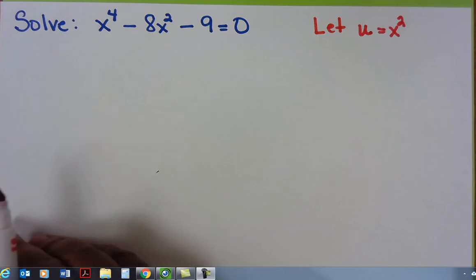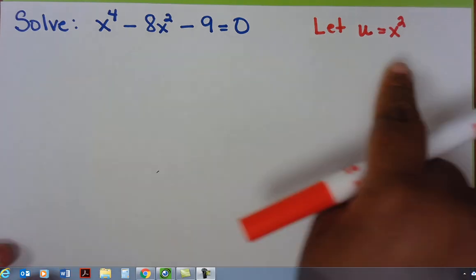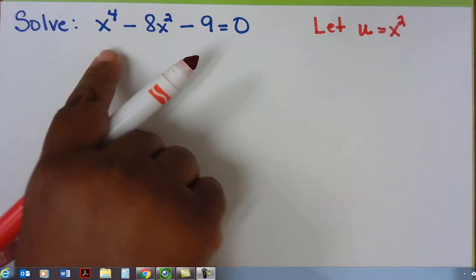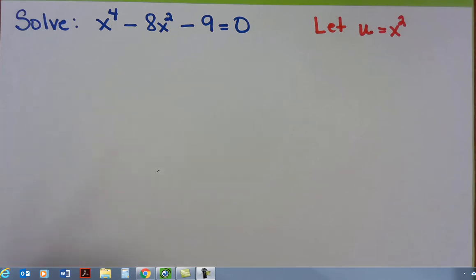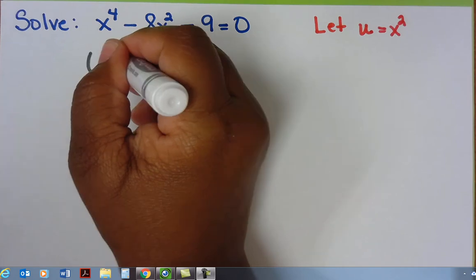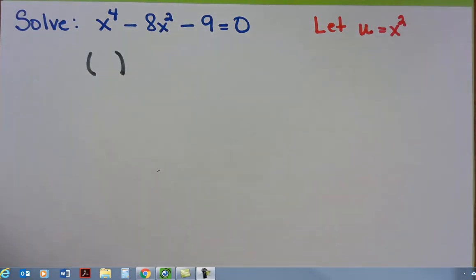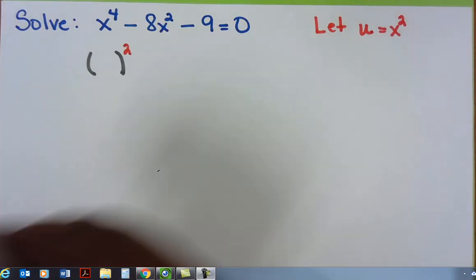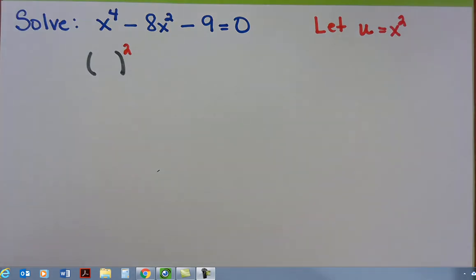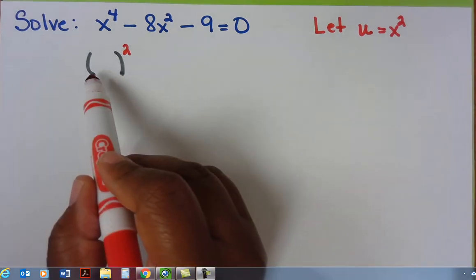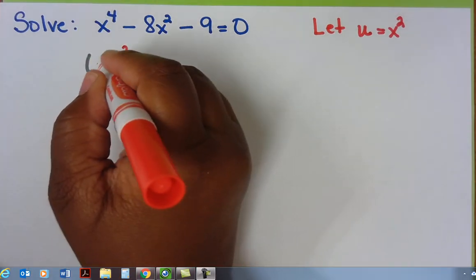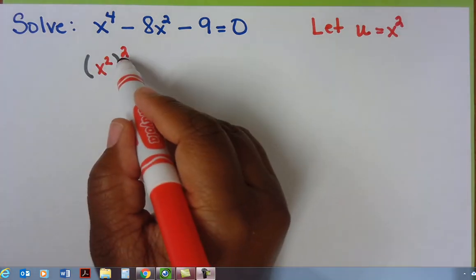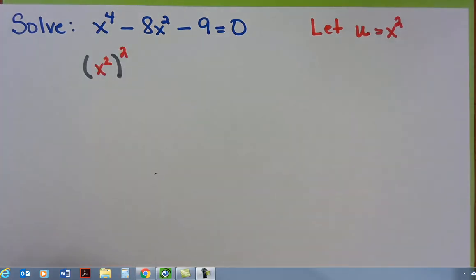So with that, let me go back, we're going to rewrite this x to the fourth. As we write the x to the fourth, we want this to be an exponent of 2. So we're saying x squared, squared, which does give us the x to the fourth.